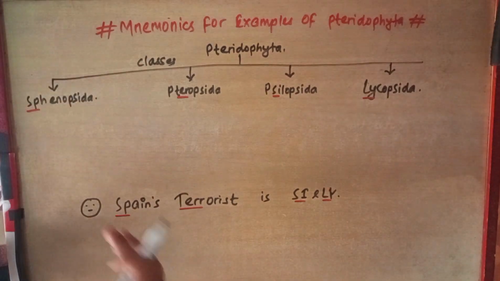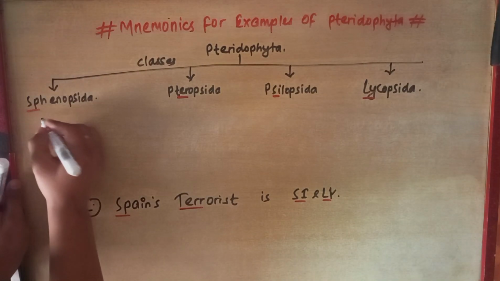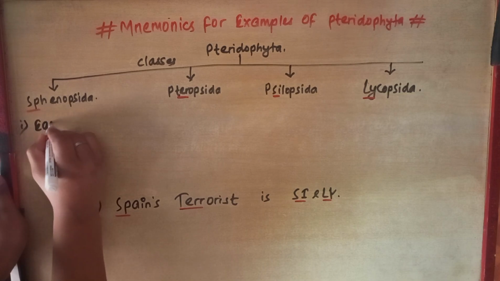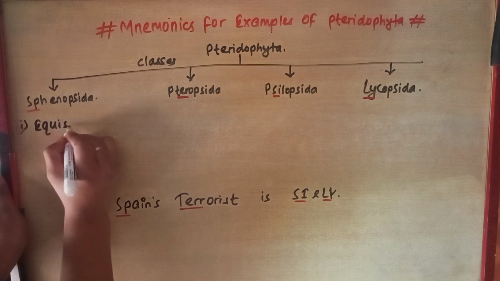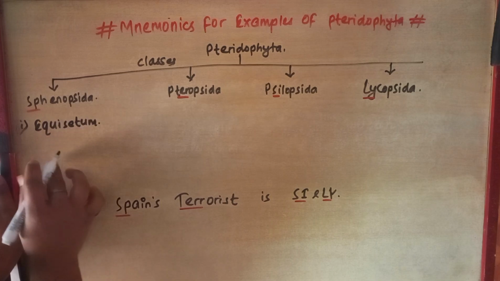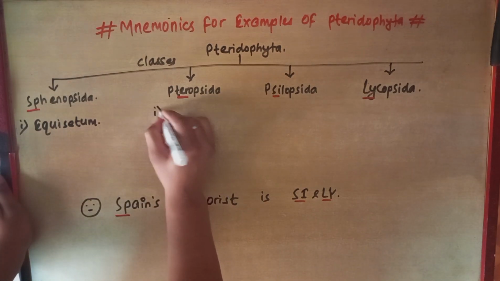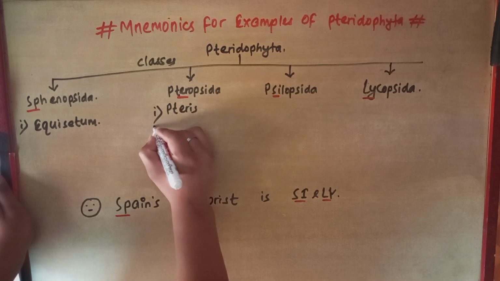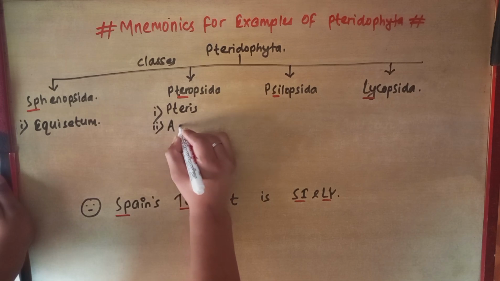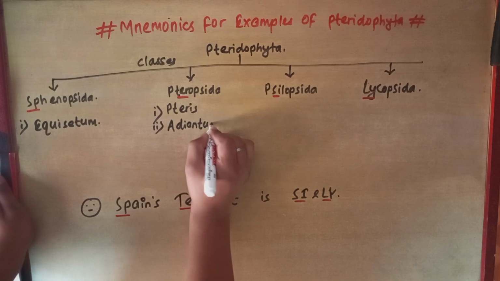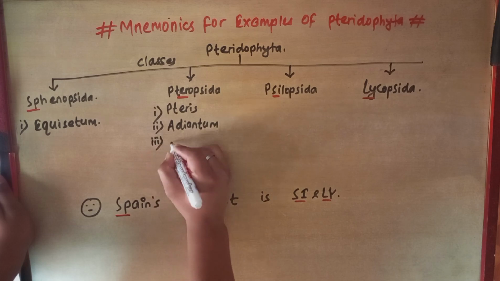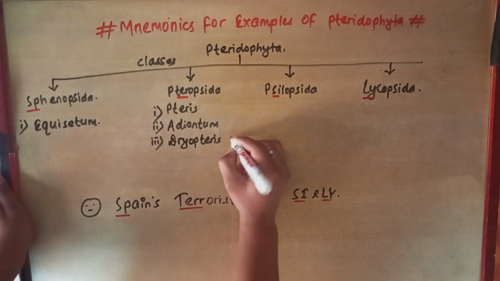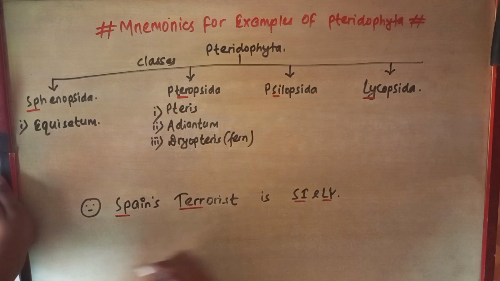And now I'll provide the examples of these classes. Here in Sphenopsida, the example is Equisetum. The examples are also very much important. In Pteropsida we have Pteris, Adiantum, and in third we have Dryopteris, that is Fern.